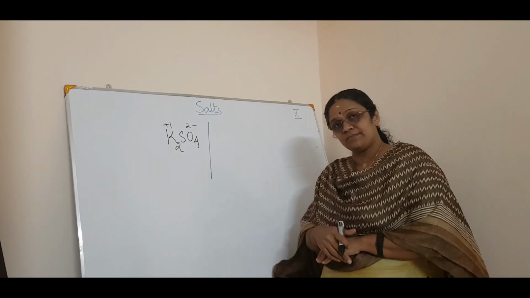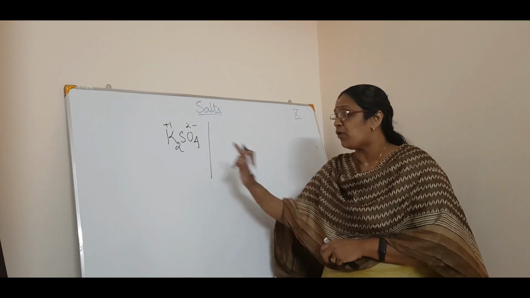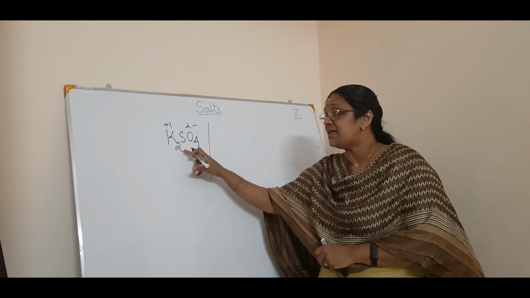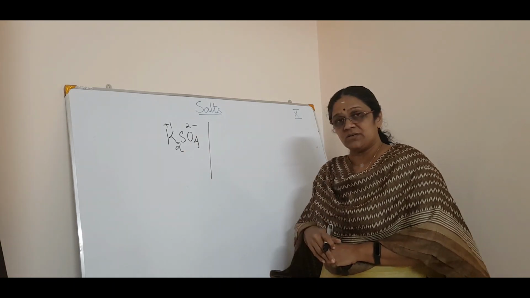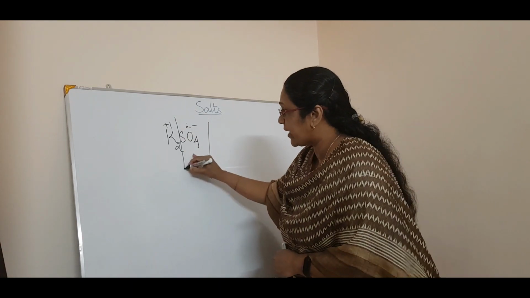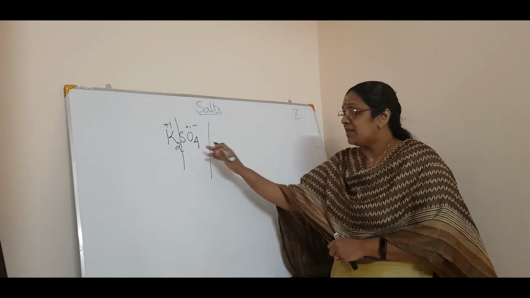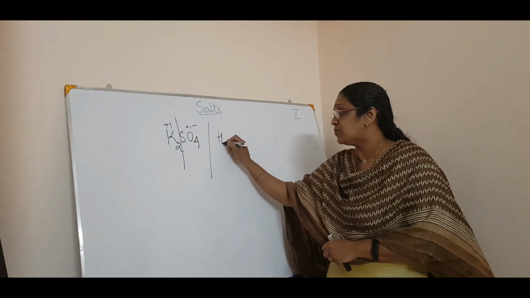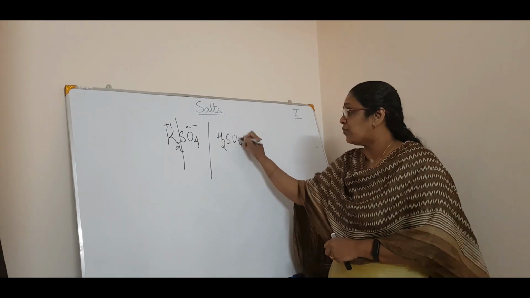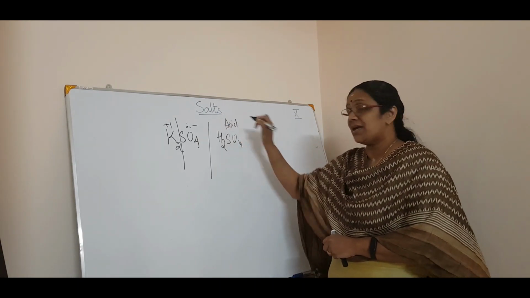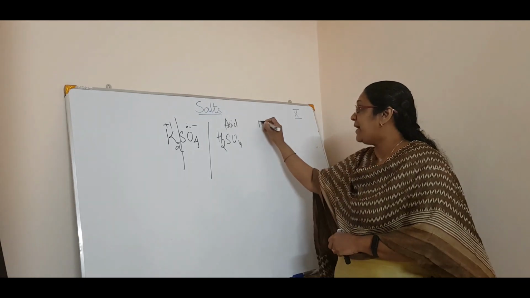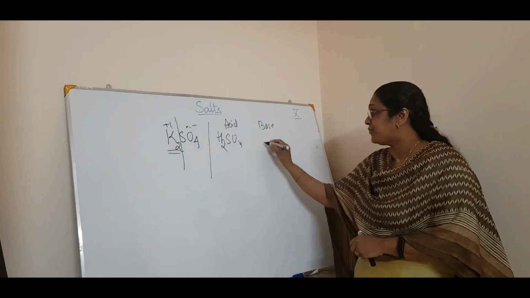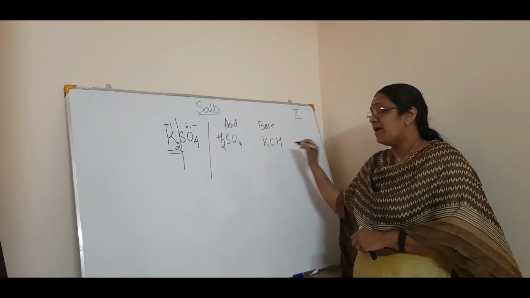By seeing this formula, a question can be asked: what are the acid and base to produce this salt? So you have to take it like this. This is SO4. Now what will be the acid? That is H2SO4. So the acid is H2SO4. And what is the base? K, right? Then putting an OH to K, that is KOH is the base.